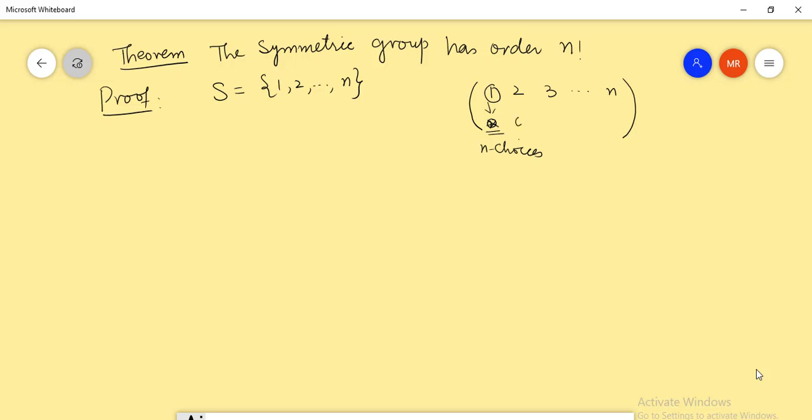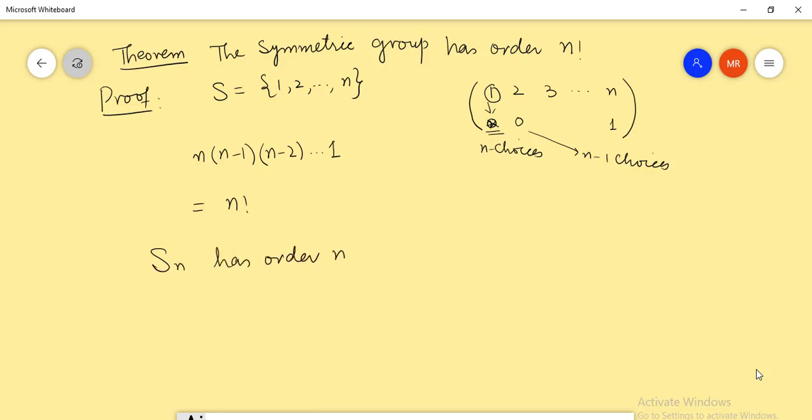Hence, to fill the next space, we have n-1 choices. And so on. For the last element, we have only one choice. Thus, the total number of choices is n for the first element, n-1 for the second, n-2 for the third, and only one for the last, and we know that this is n factorial. Thus, the symmetric group Sn has order n factorial.